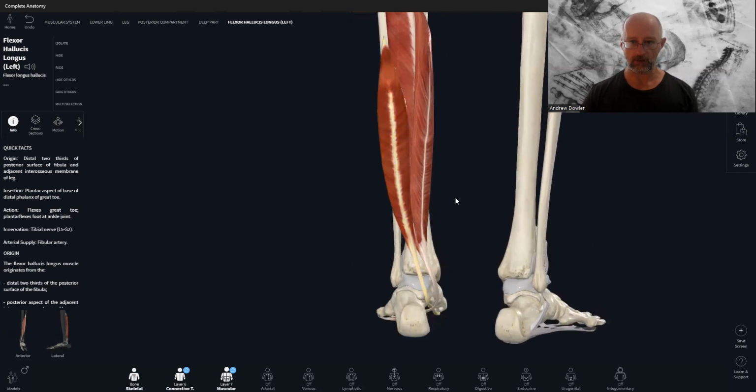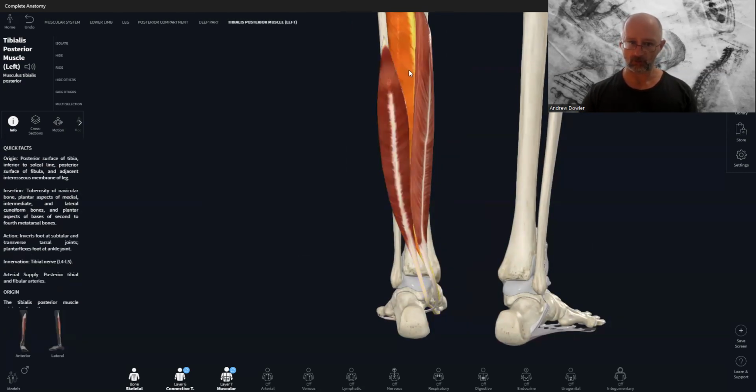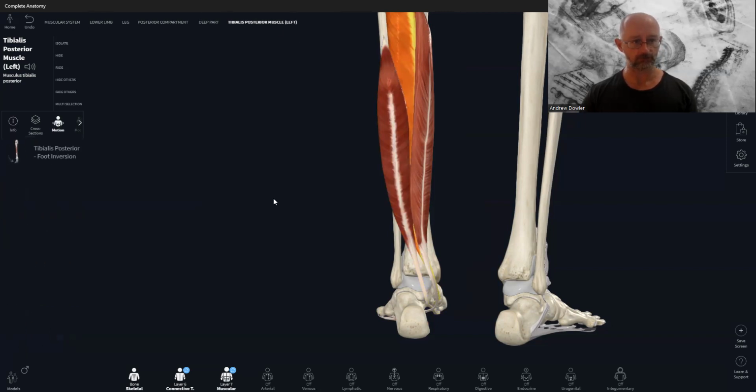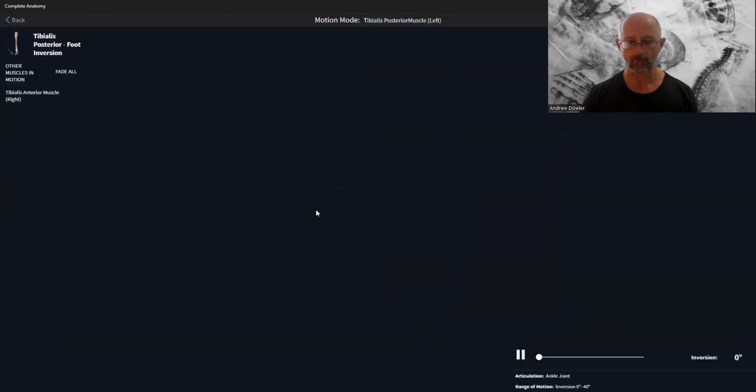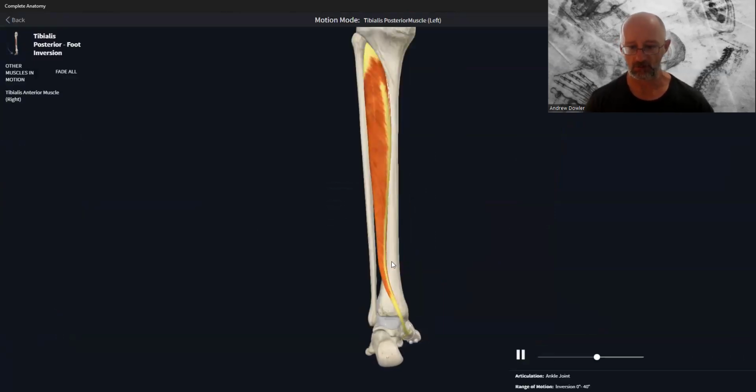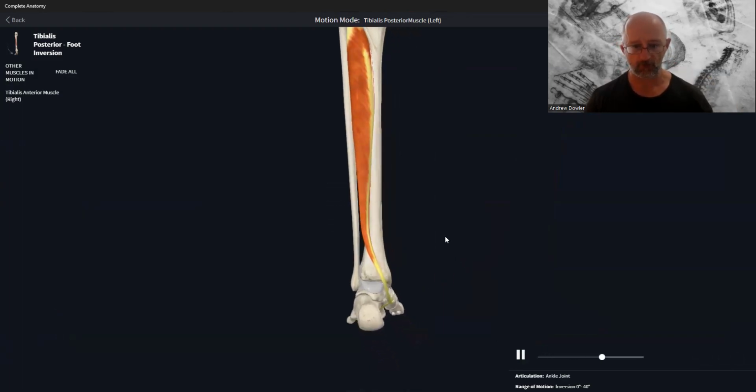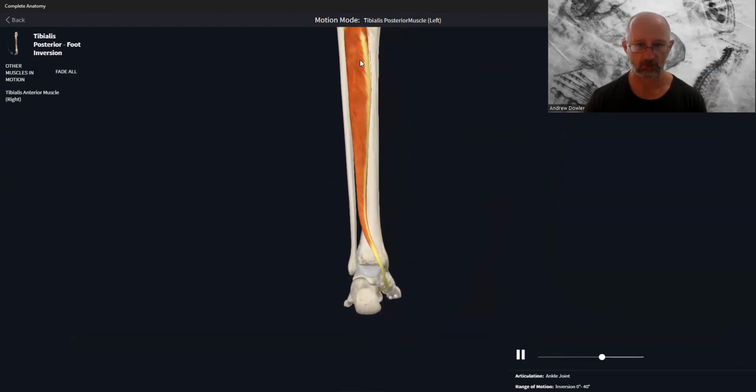And when it's weak, what's going to happen is your foot's going to get stuck in inversion. I'm going to show you what inversion looks like now. So we go to function, motion. All right, here we go. This is your tibialis posterior.